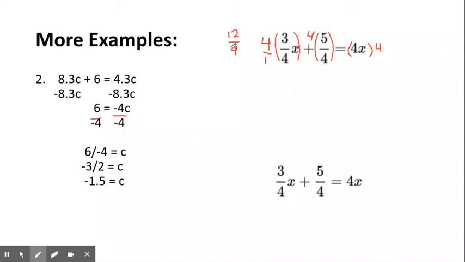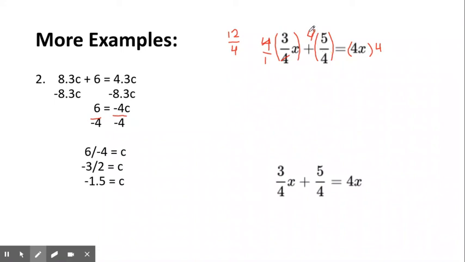Well, 12 divided by 4 is just 3, so we're left with 3x. What I want to point out that's happening here is those 4s are just canceling. The reason we are multiplying by 4 is to get rid of that fraction. So you're multiplying by 4 to make those 4s cancel. So you can do all of this math, or you can just say I'm multiplying by 4 to get those 4s to cancel, and I'm left with 3x.